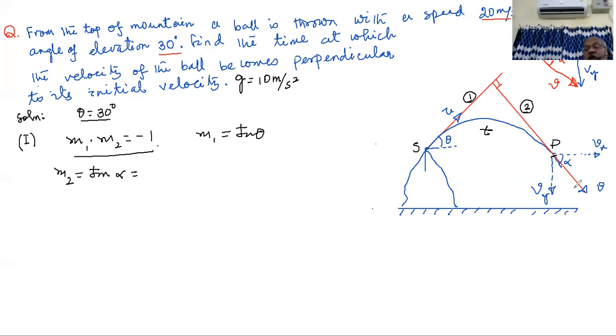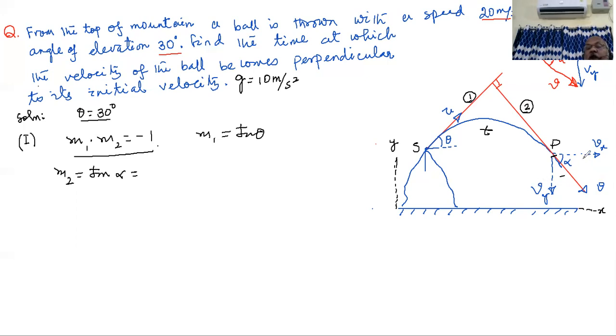We have drawn the final velocity and its horizontal and vertical component. I am sorry, I have not marked my x and y directions. We consider x-axis along the horizontal and y-axis along the vertical. So horizontal component of velocity Vx and vertical component of the velocity Vy we have marked.